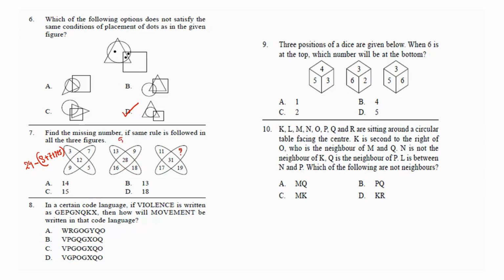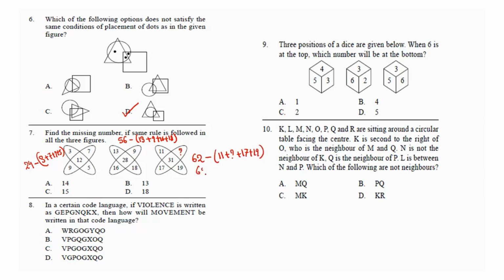So 56 minus 13 plus 9 plus 16 plus 18, right? So this will be 56. The same thing we have to do here also. So 31 double is what? 31 double is 62. 62 minus 11 plus question mark plus 17 plus 19.